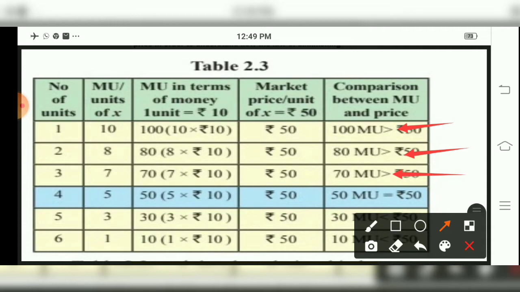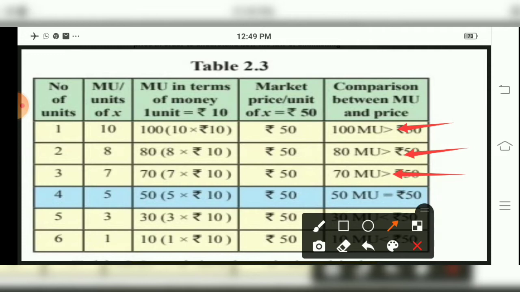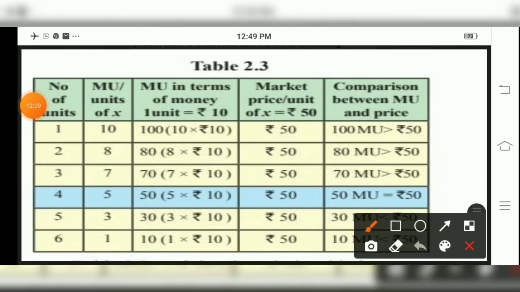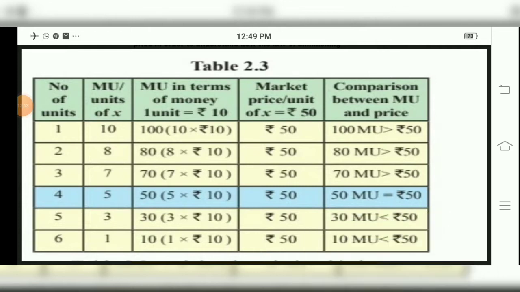Then come to the fourth one, children, that is 50. Fourth one is what? 50 rupees is equal to rupees 50.